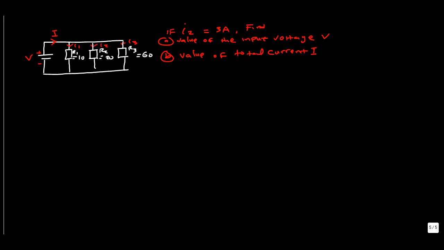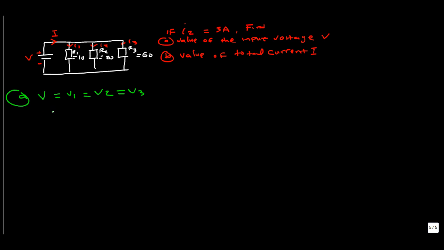And so for part A, all you need to understand is that for a parallel circuit, the voltage across the circuit stays the same. So the voltage is equal to V1 is equal to V2 is equal to V3.